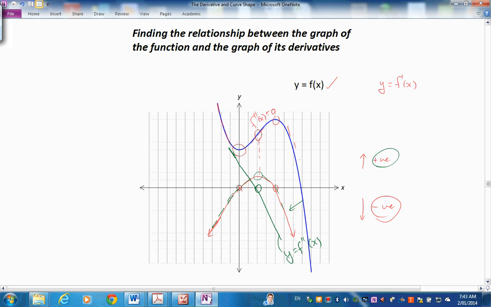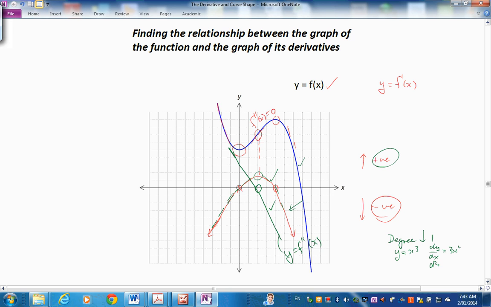So this is our function, and that looks like a cubic. This is a quadratic, and this is linear. So that's a final check, because in polynomials, when you take the derivative, the degree goes down by 1 with each derivative. So if you've got y equals x cubed, dy by dx is 3x squared.